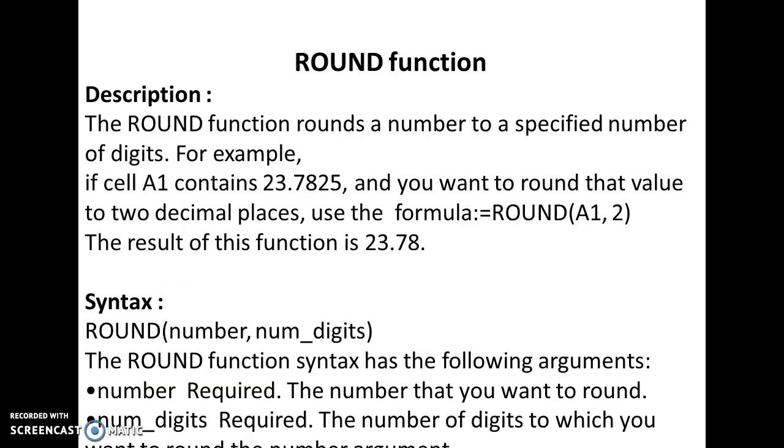Round function. What is the round function? The round function rounds a number to a specified number of digits. For example, in an Excel cell, if A1 contains 23.7825 and you want to round that value to two decimal places, use the formula =ROUND(A1, 2), where A1 defines the value in that cell and 2 defines the specified number of digits to which you want to round that number.